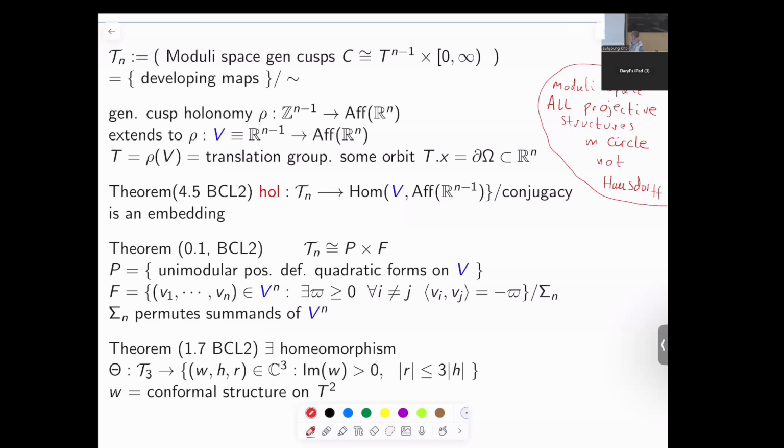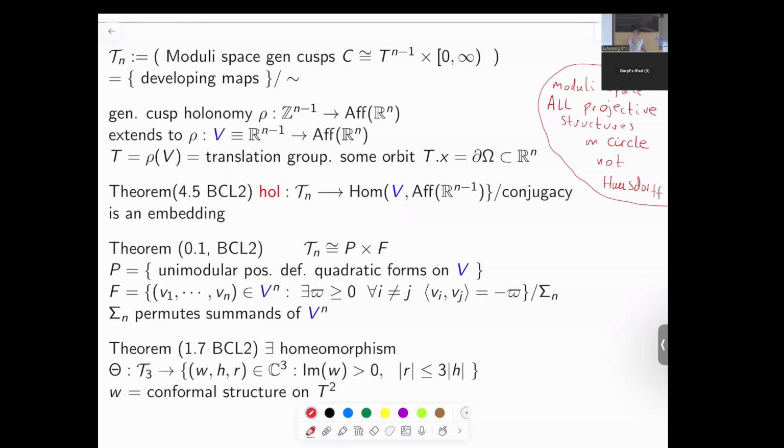And you've got an action of the permutation group on these vectors. Actually, no, this is not a free action, but in any case, this tells you that this moduli space is homeomorphic to a subset of Euclidean space. So in particular, it's Hausdorff.